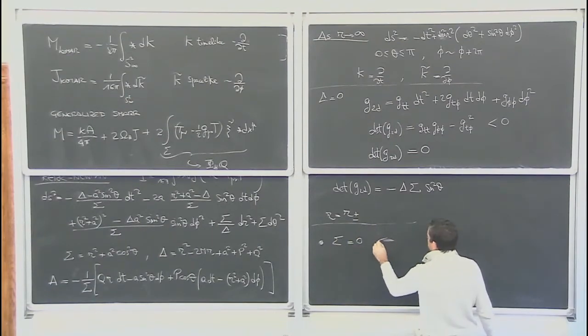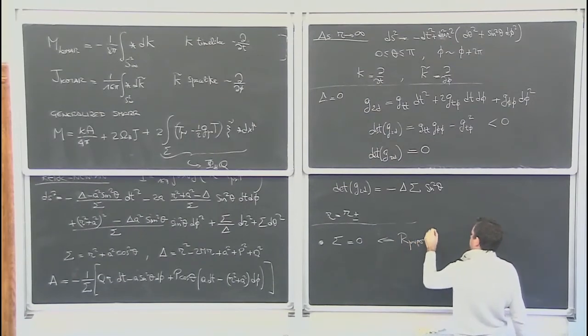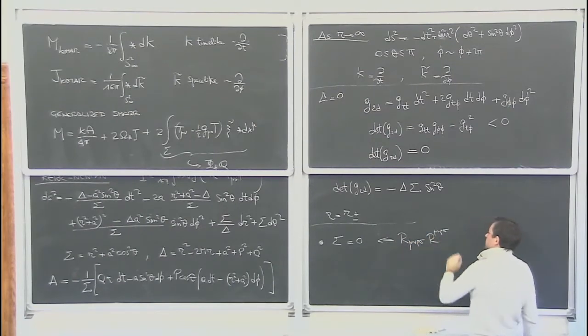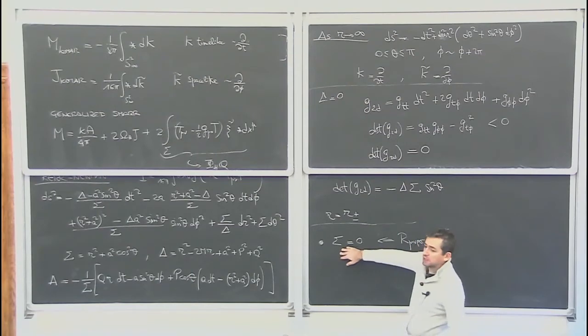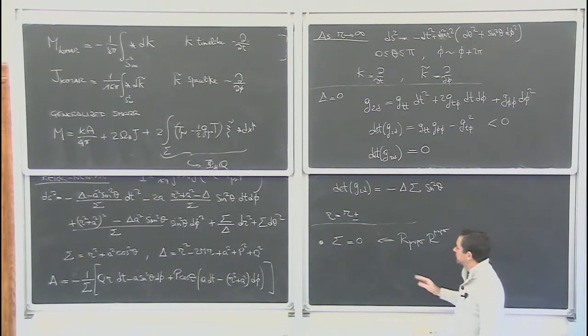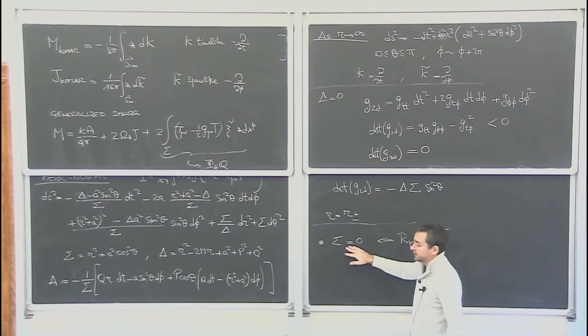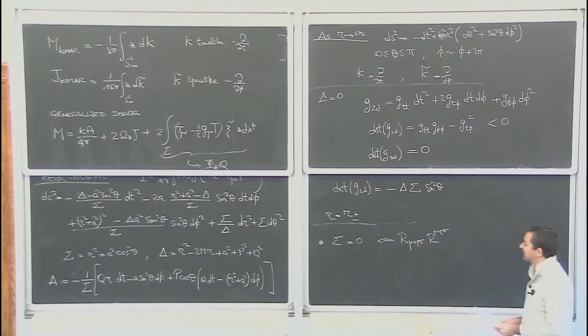This can be seen by computing the square of the Riemann tensor. This is called a ring singularity. If you're familiar with Kerr, you find a ring singularity, something that has the shape of a ring, sometimes also called the ringularity, because it's a ring singularity.